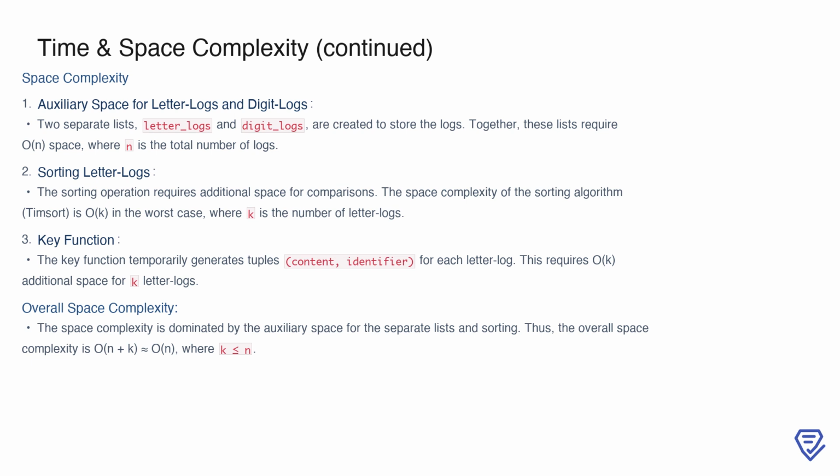The sorting algorithm, timsort, uses O(k) auxiliary space in the worst case, where k is the number of letter logs. Additionally, the key function temporarily generates tuples in the form (content, identifier) for each letter log, which also requires O(k) space. Combining these contributions, the overall space complexity of the solution is O(n + k). Since k is at most n, this simplifies to O(n).